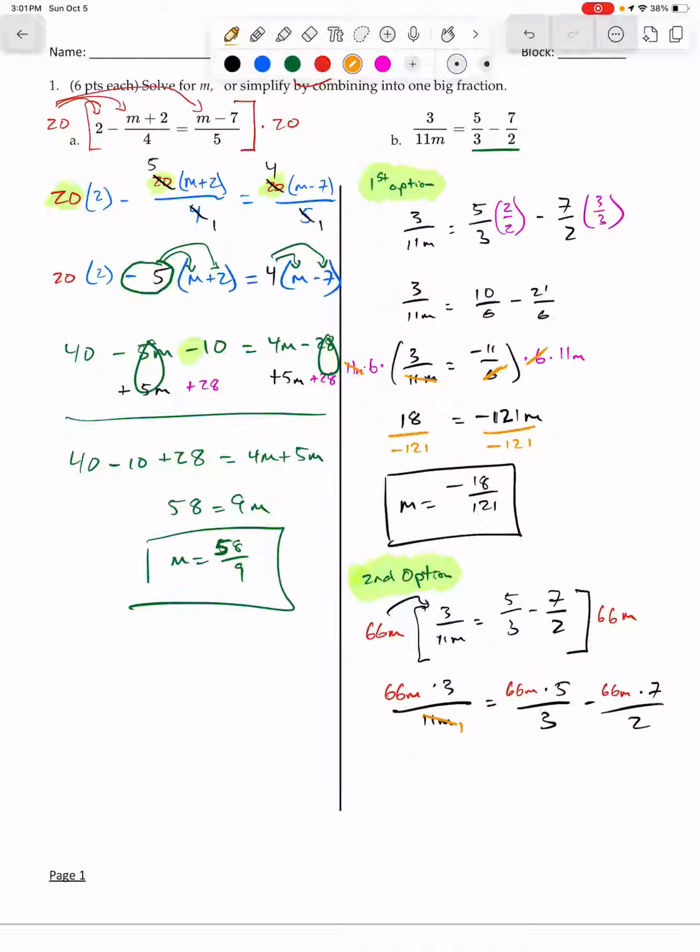11m goes into that once, goes into that 6 times. 3 goes into 3 once, goes into that 22m times. 2 goes into that 33m times.